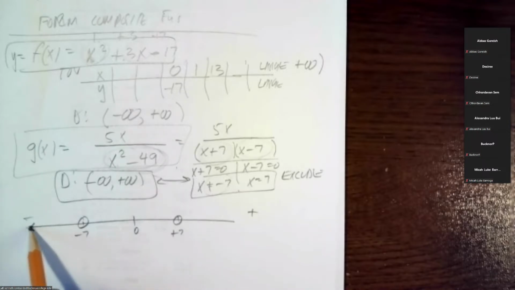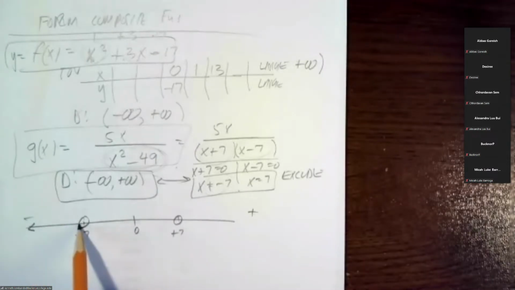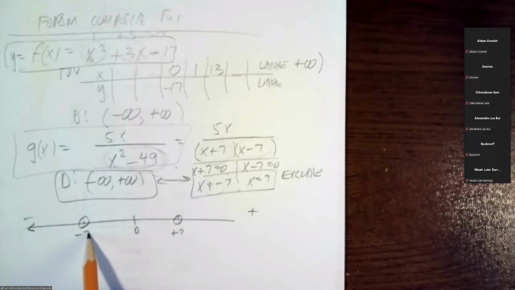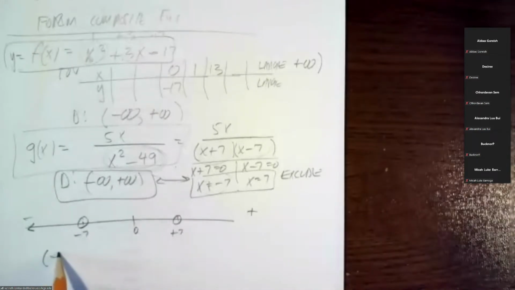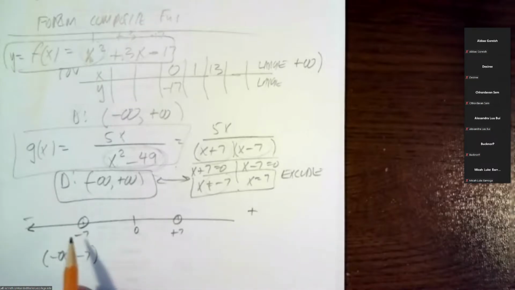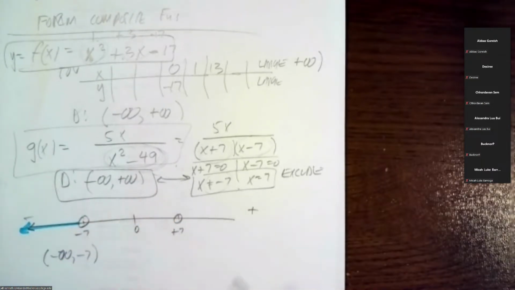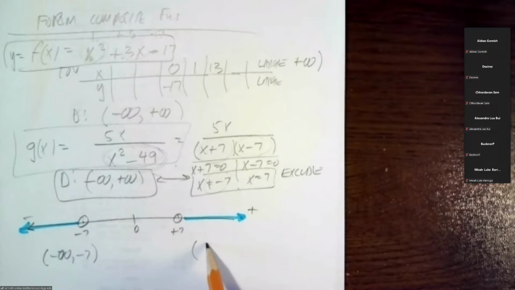Okay, so we could have a value that's larger in the negative direction, but we can't have -7. So we're going to say, well, it can go from negative infinity to -7. That's acceptable. Anything out in here is acceptable, and anything out in here is acceptable, isn't it? So we could say it could be from 7 to positive infinity.